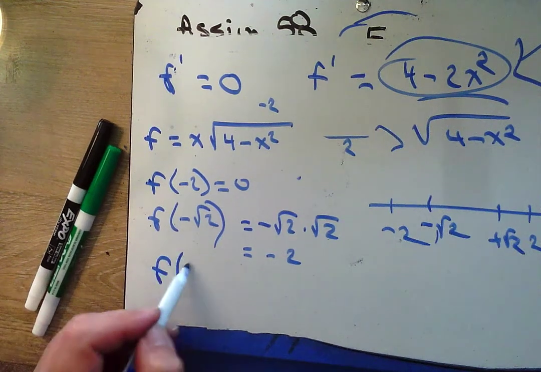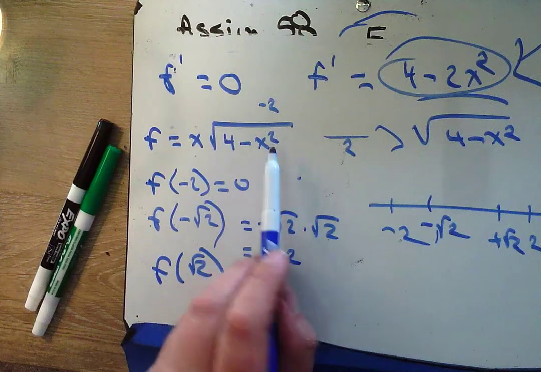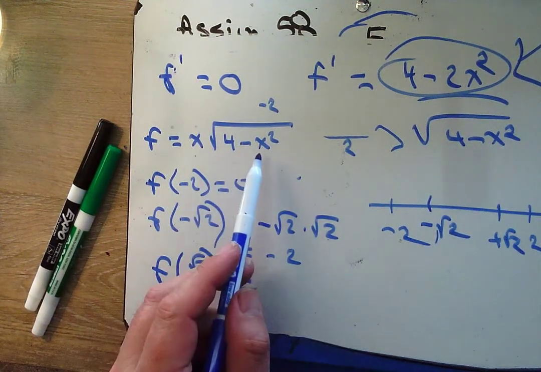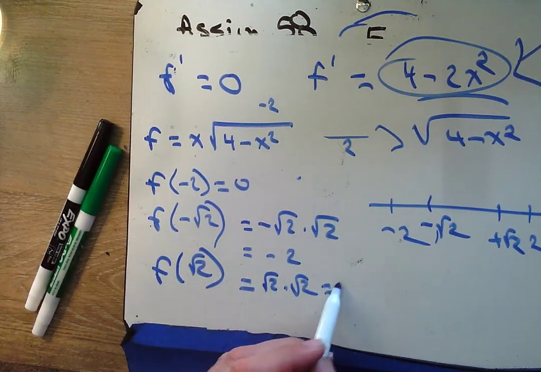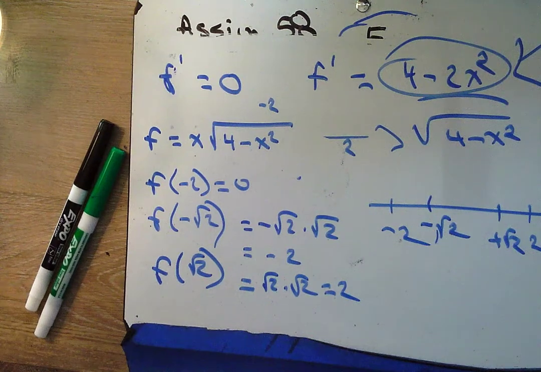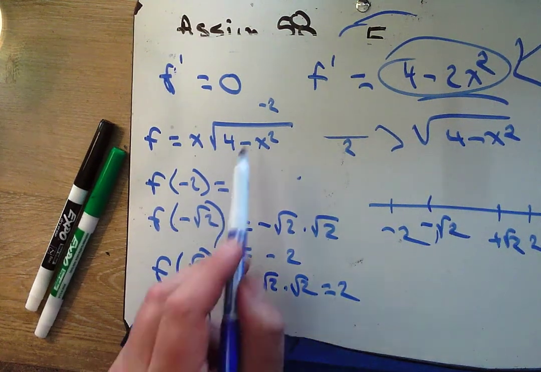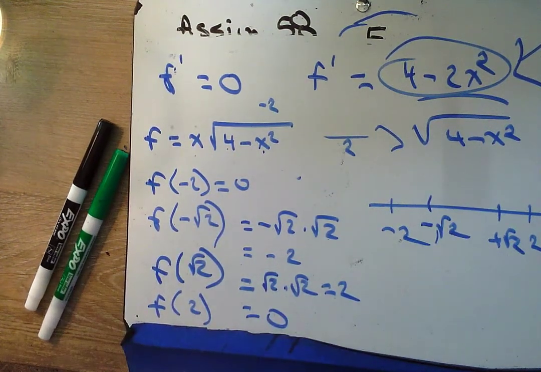And if I do f of root 2, okay, so root 2 times root 2 is 2. 4 minus 2 is 2. And so I've got root 2 times root 2, or 2. And then f of 2. Well, 2 squared is 4. 4 minus 4 is 0. And I get 0 again.